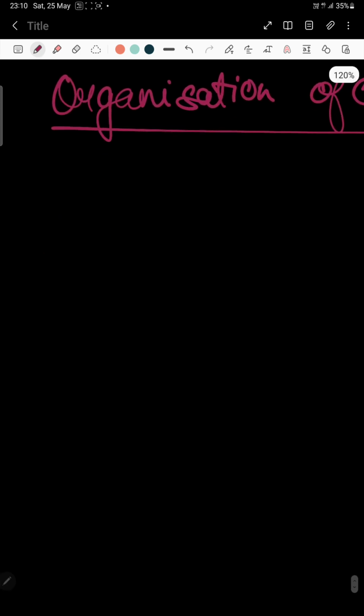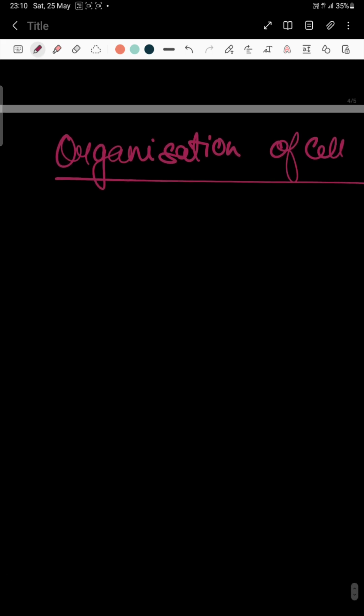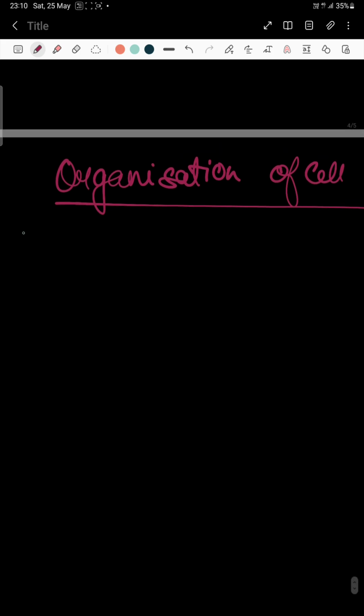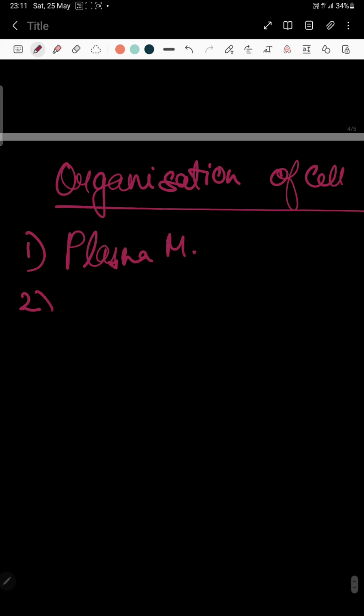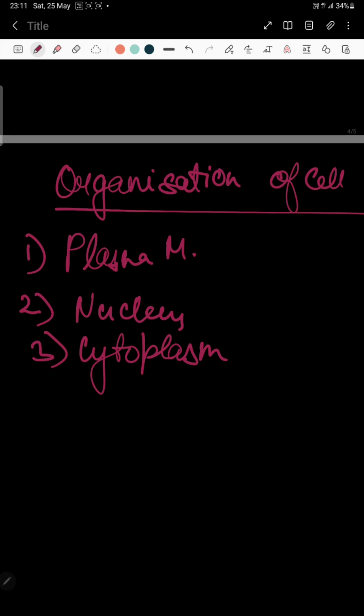Now if we look at the very basic constituents of the cell, every cell will contain a plasma membrane, a nucleus and a cytoplasm. The other cell organelles which we will be studying can vary from cell to cell.